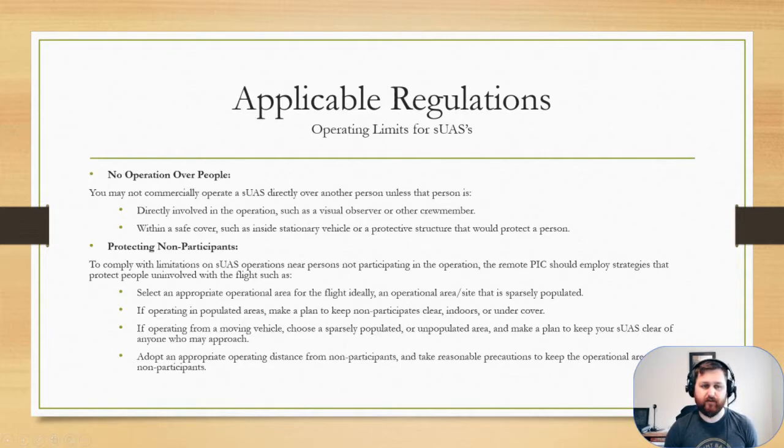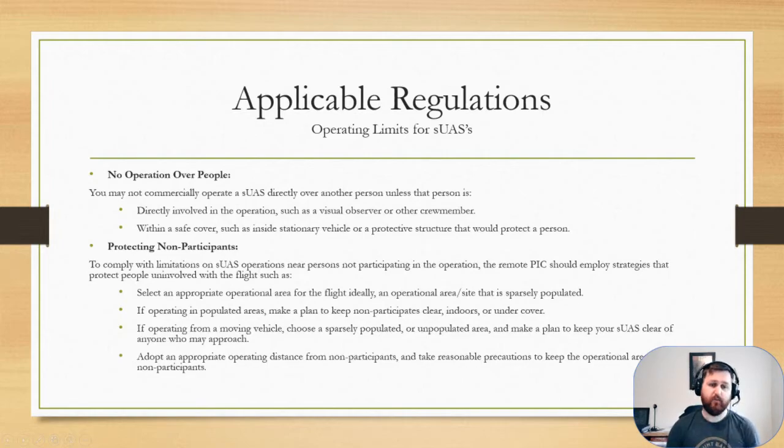To comply with the limitations of sUAS operations near persons not participating in the operation, the remote PIC should employ strategies that will protect people uninvolved with a flight, such as the following. One, select an appropriate operation area for the flight, something sparsely populated. If operating in populated areas, make a plan to keep non-participants clear, indoors, or undercover.